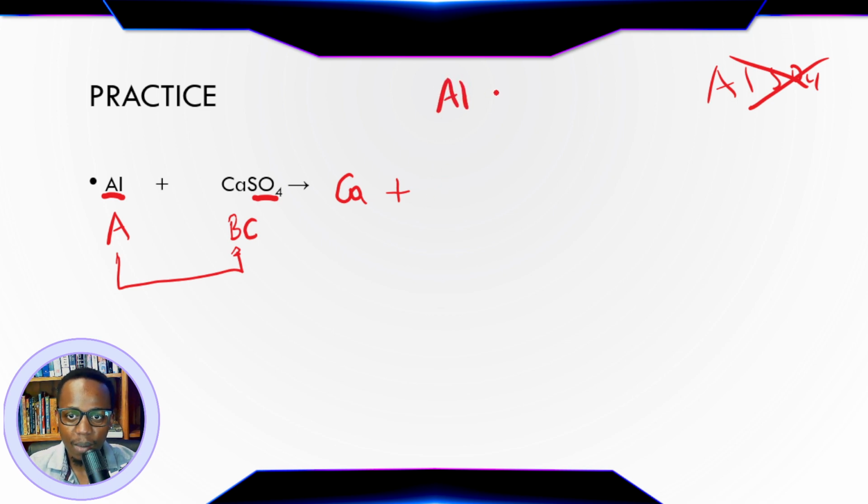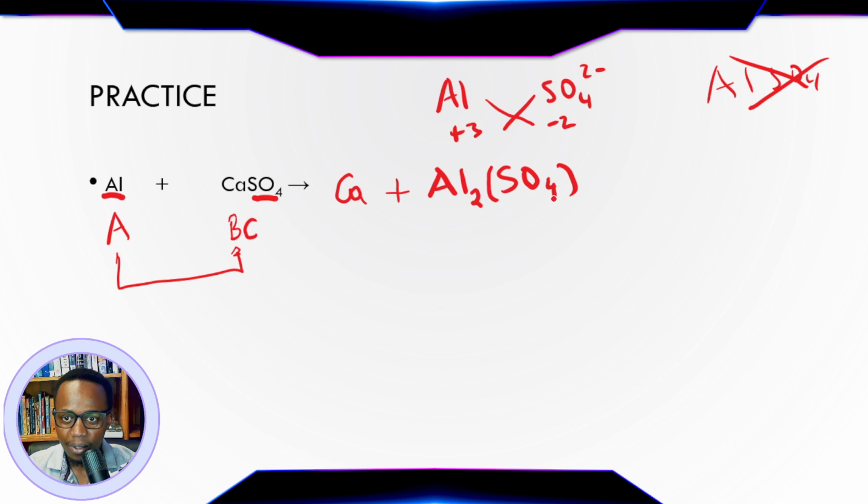So you have aluminum here, you have sulfate here. Aluminum is +3. Sulfate is -2. If you do the cross rule, aluminum gets 2 and SO4 gets 3. You see how it's very different from AlSO4?